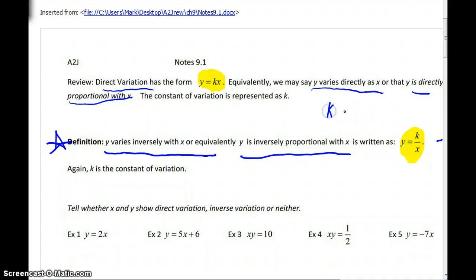In both cases, k can be negative. In both cases, k can be a fraction or a decimal. K is just going to be a real number.